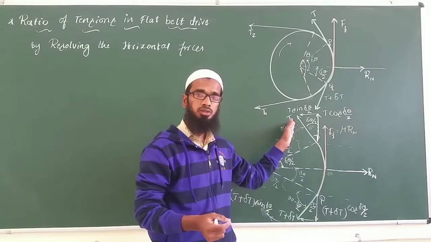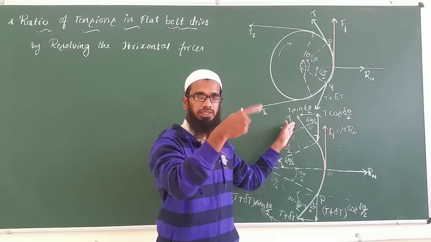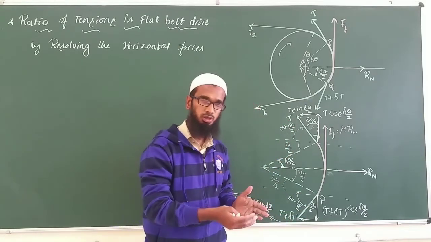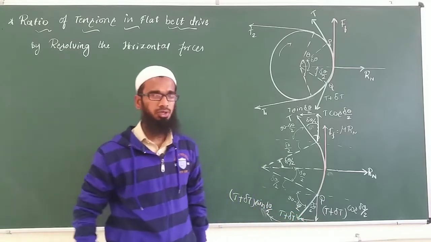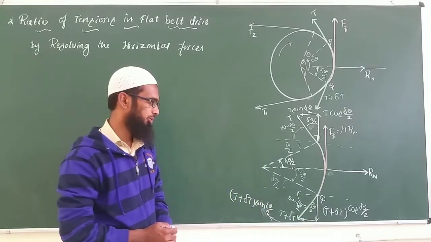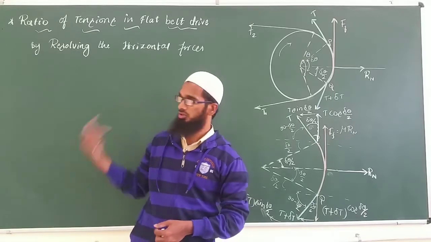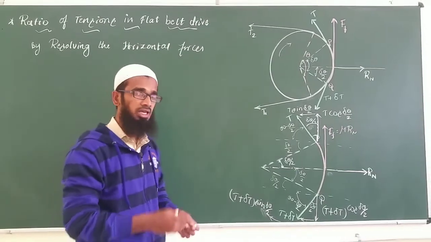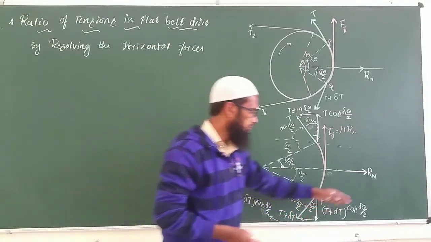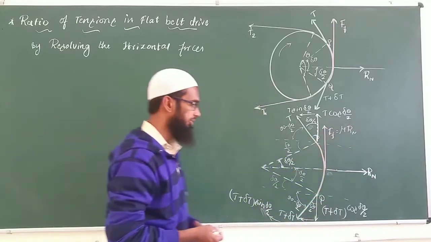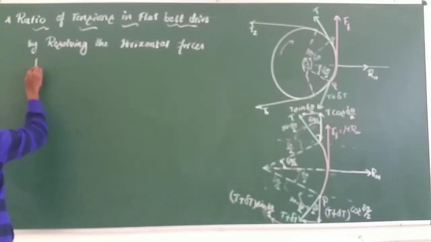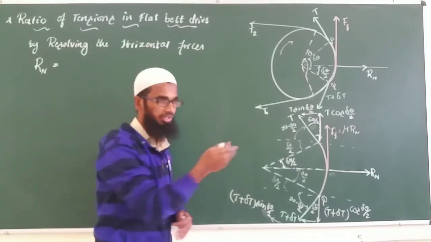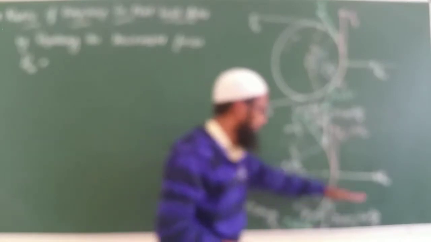Because of T and T plus dT, we can have both x and y components, horizontal and vertical. Since we are considering the horizontal component, we just see which forces act in the horizontal direction, either left or right. So the normal reaction is acting on the right hand side. I'll consider the normal reaction equal to, the left hand side forces equal to the right hand side forces. This part is over.